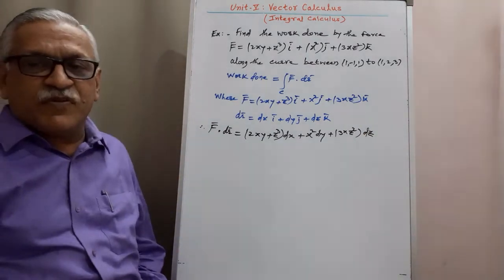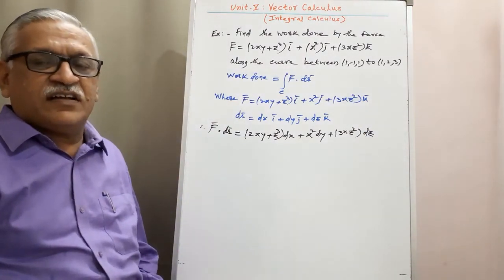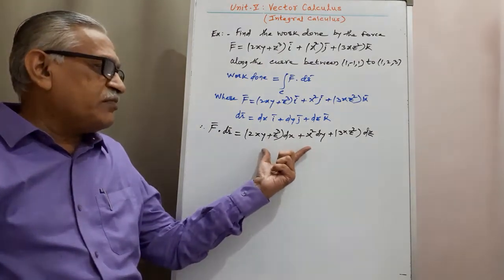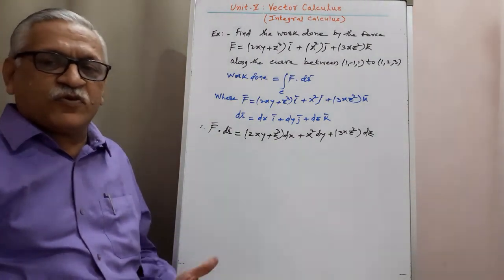Then we simplify in such a way that we get this sum in the form of a total derivative.